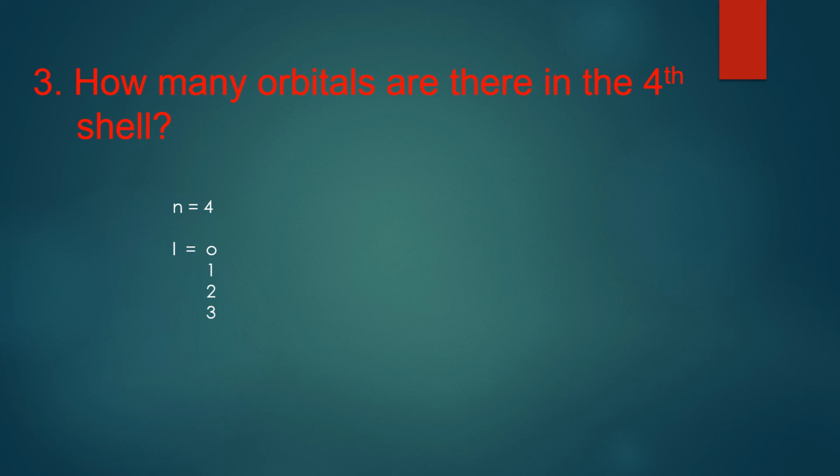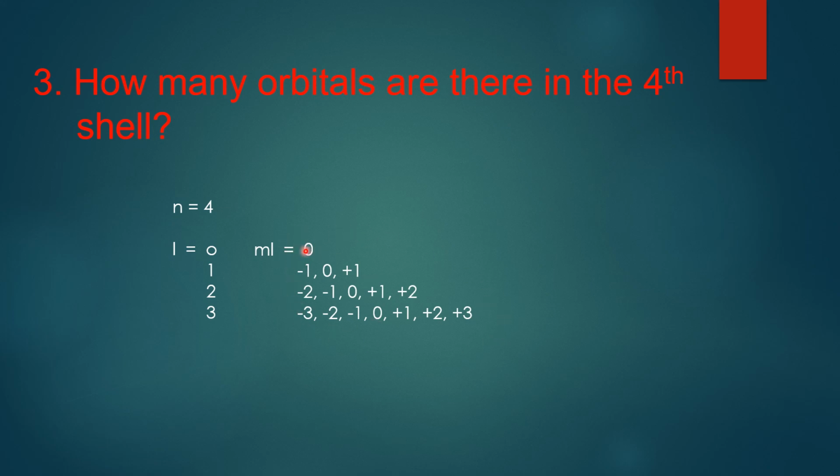And once you find your L value, work out your ML values. So if L is 0, ML will be 0. If L is 1, ML will be negative 1, 0, positive 1. And if L is 2, then we will have negative 2 all the way to positive 2. If L is 3, we will have negative 3 all the way up to positive 3. So all you have to do is to count how many of the ML values are written. ML is each orbital.